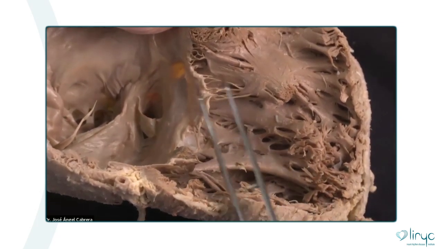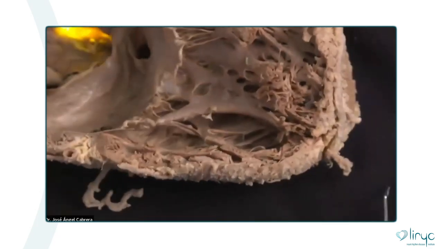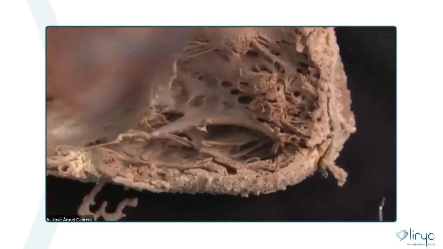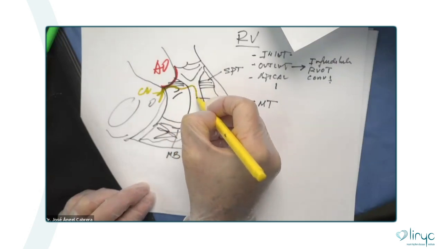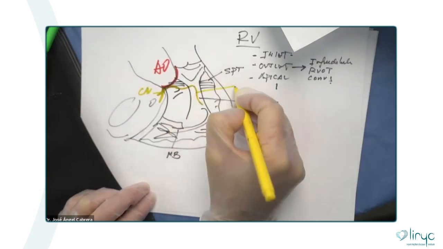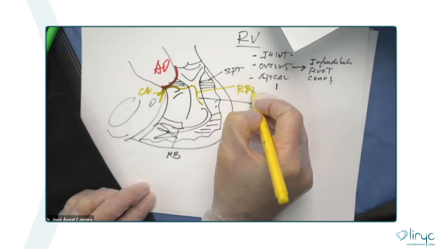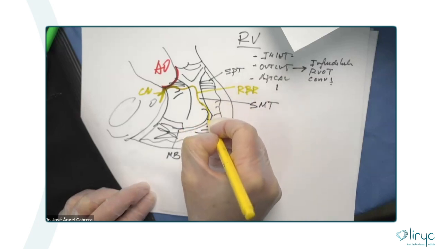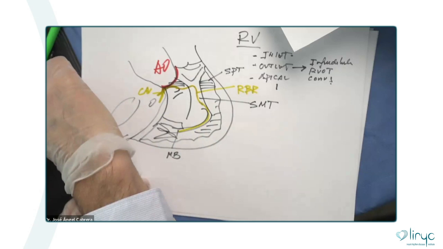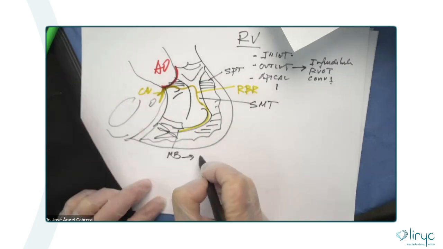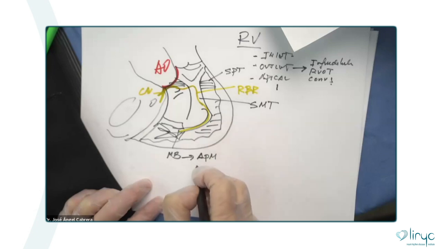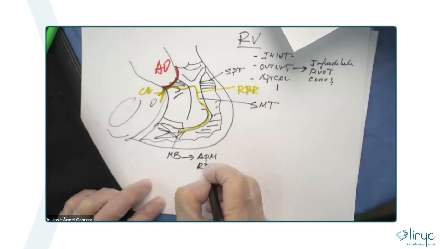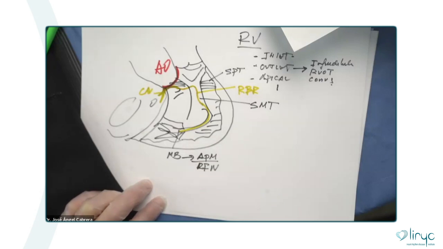Therefore, the relevance of the conduction system here and the septomarginal trabeculation, anatomic relation with the right bundle branch through the moderator band, and the moderator band connects to the anterior papillary muscle, sometimes also through the right free wall, but mainly over the anterior papillary muscle.